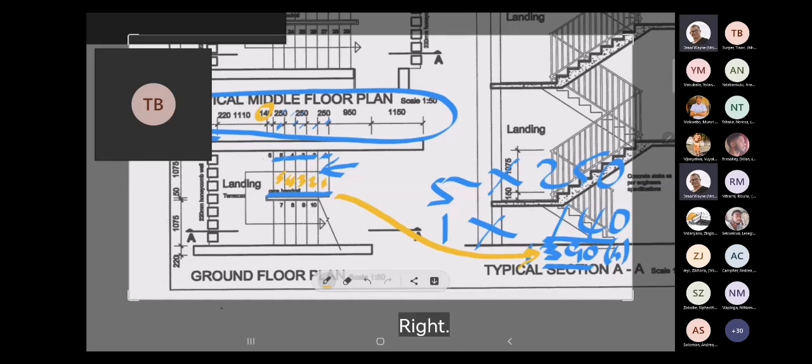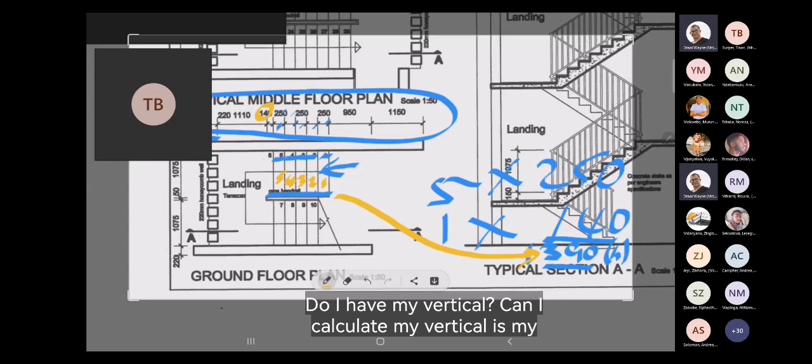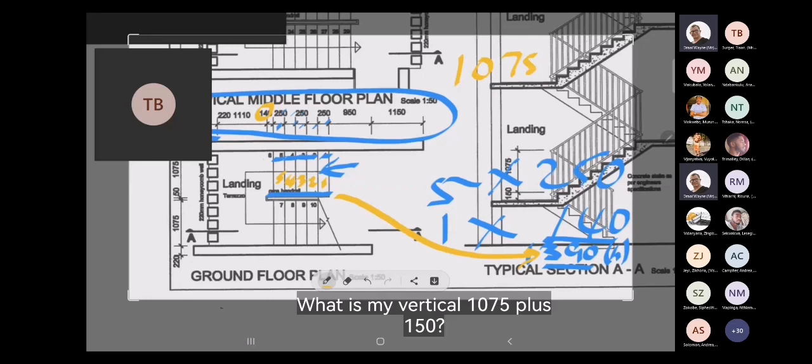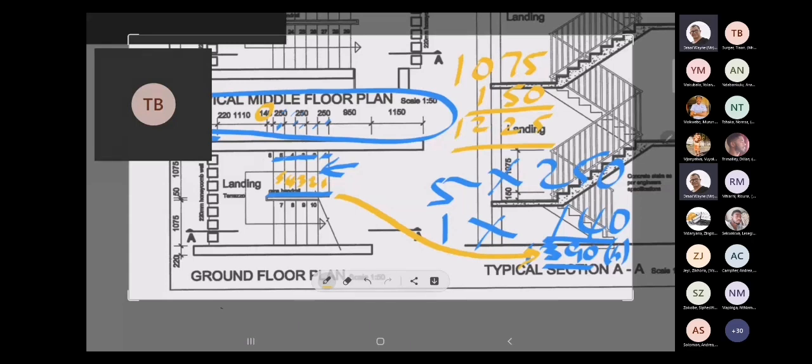Right? Do I have my vertical? Can I calculate my vertical? Is my vertical 1075, or is my vertical 1075 plus 150? Was it 1225? Which one do you think?